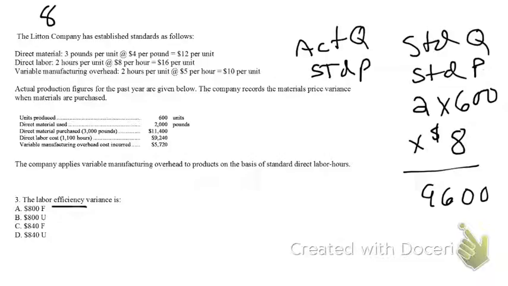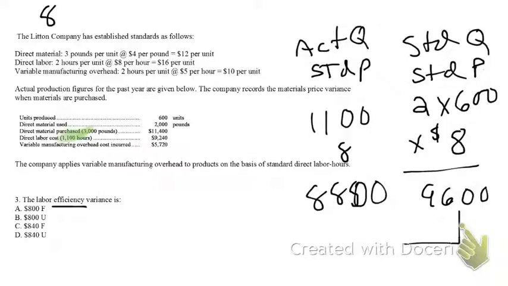My standard price is still $8. How many hours did I actually use? They told us I used 1,100 hours. So I take 1,100 times 8, and that's 8,800. The difference between 9,600 and 8,800: I spent less than I should have, so it's favorable by $800.